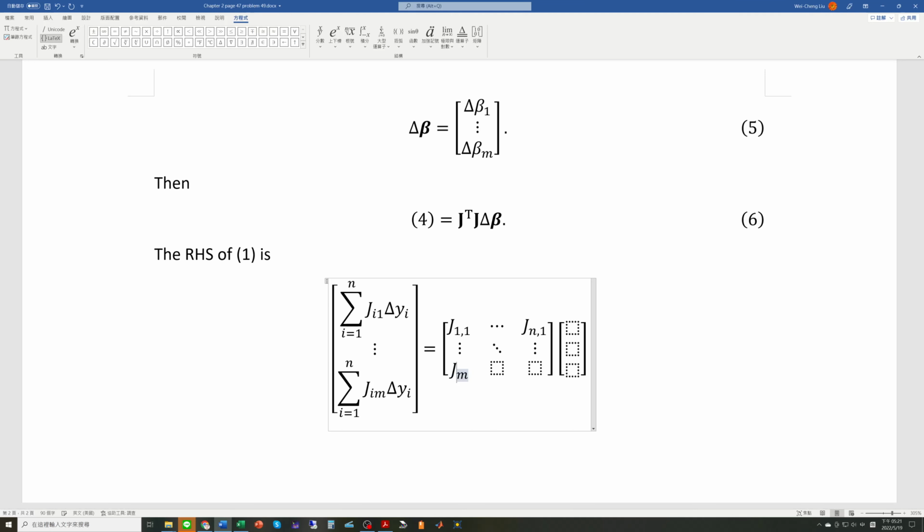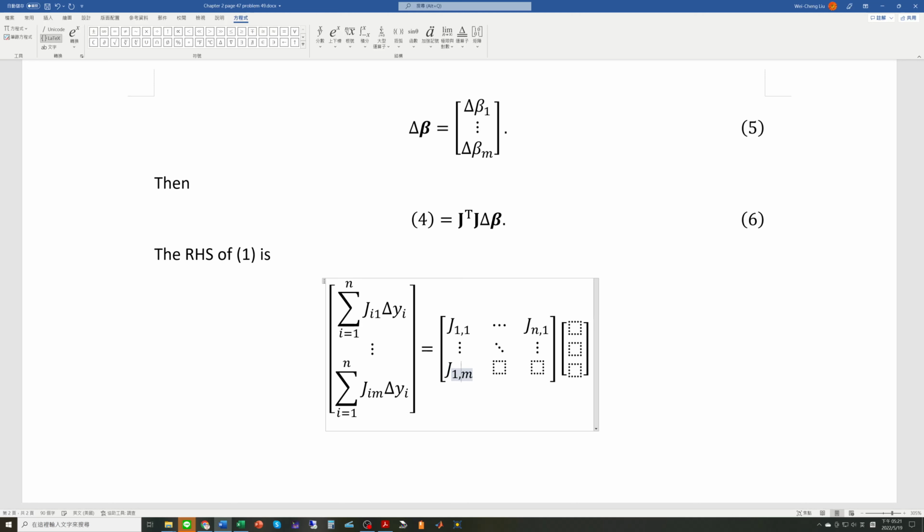So change i to 1. And this should be horizontal dots, and the last element is capital J_i m, and i is equal to n. So change i to n.